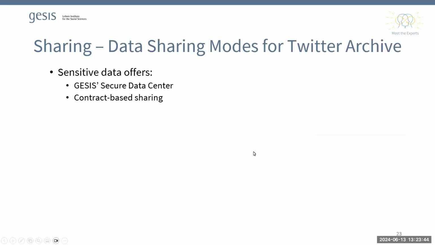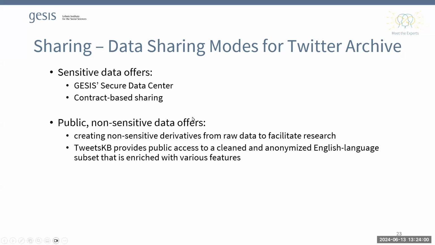And here at GESIS, what we do is we still offer this kind of sensitive data, but only within our secure data center, or by contract-based sharing. And similar to AOL, we provide public non-sensitive data offers.